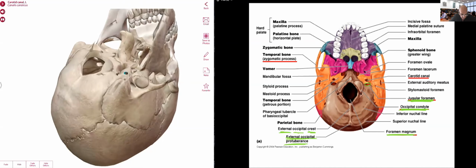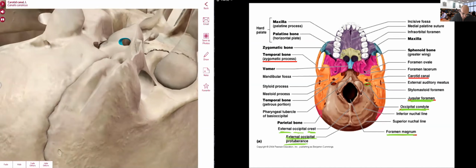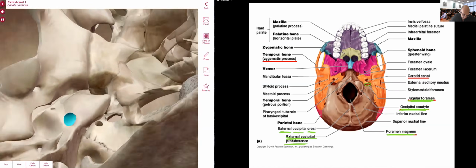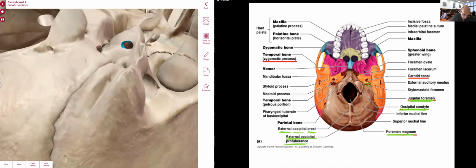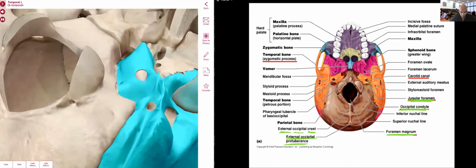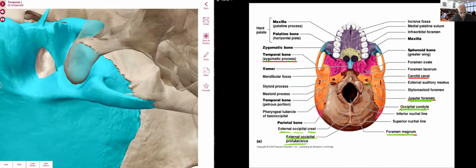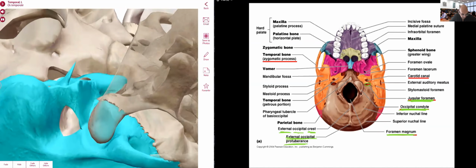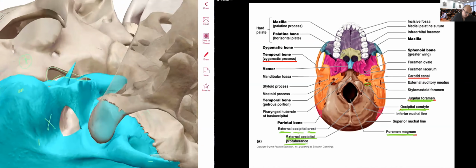And it's not actually part of the occipital bone. It is part of another bone, which is the temporal bone. See, jugular foramen is a large, irregular foramen that is located between the occipital bone and the temporal bone.